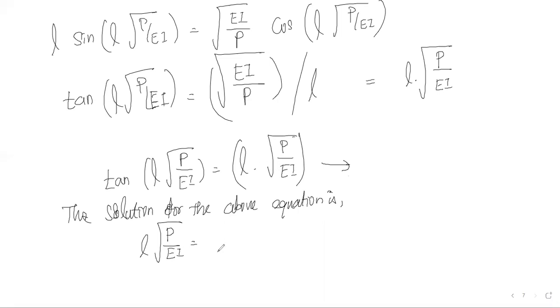So this I'm going to get as 4.5 radians. This value we have to remember. So L into root under P by EI is equal to 4.5 radians.